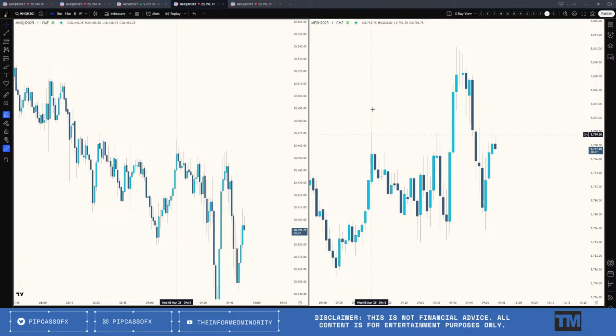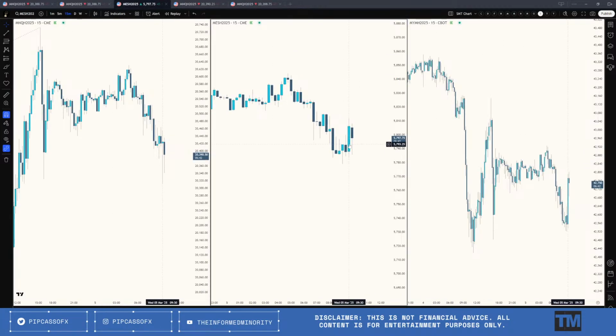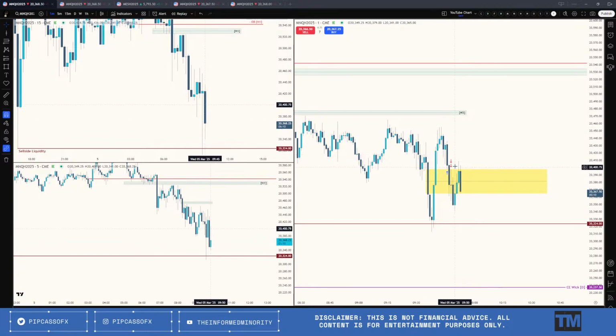Because I'm looking at ES right now. So you came and hit this order block here, but see how we're below here? Just looking at that, this is actually showing some signature for us to go to the downside.